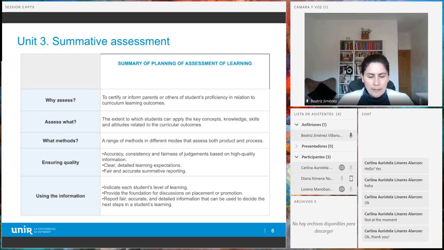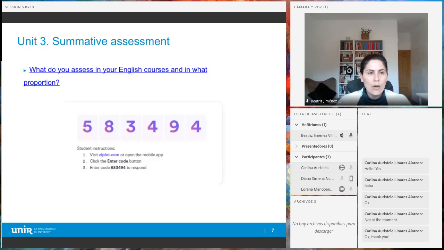Now, this is about summative assessment. The other thing that we wanted to review today was continuous assessment. Okay, but before moving on to continuous assessment, I would like you to answer this quick question.